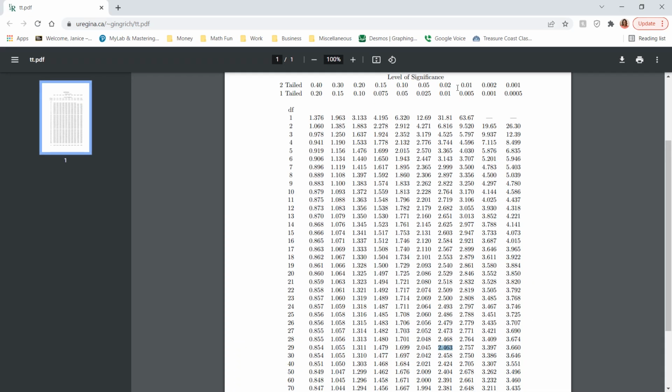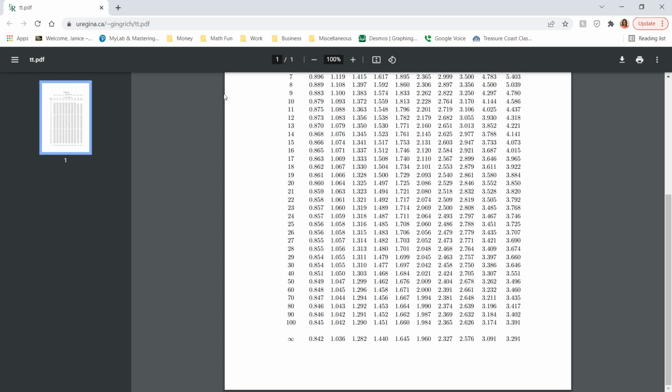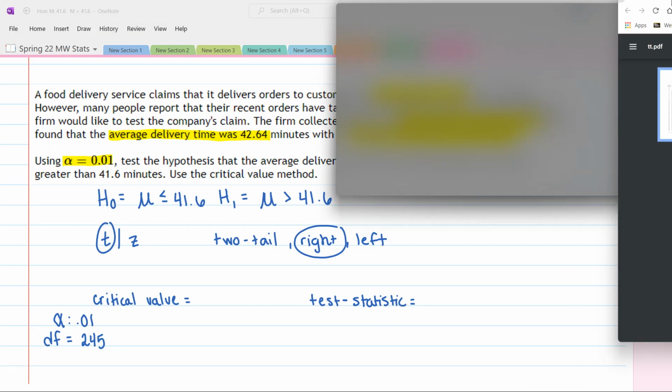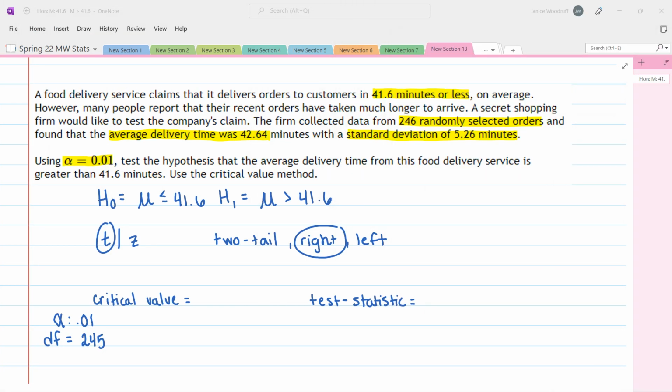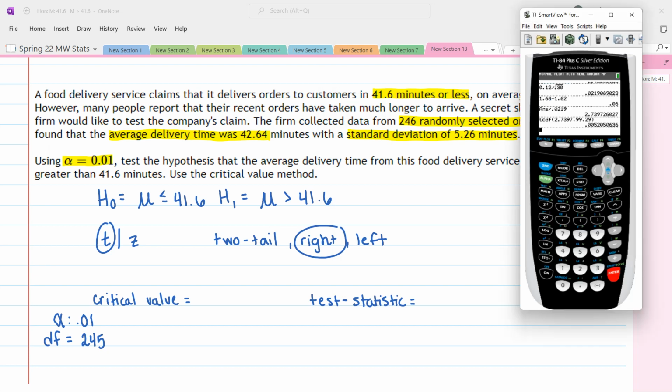So you had 0.01, one tail, and infinity would be 2.327. Or in our calculator, we're going to go second distribution, inverse T, area 0.01, degrees of freedom 249.